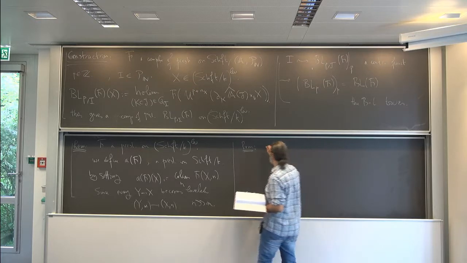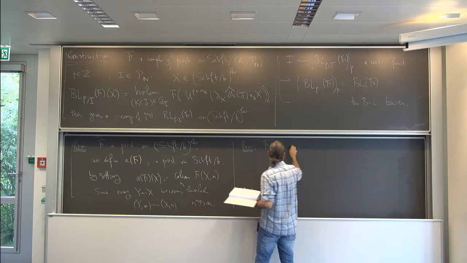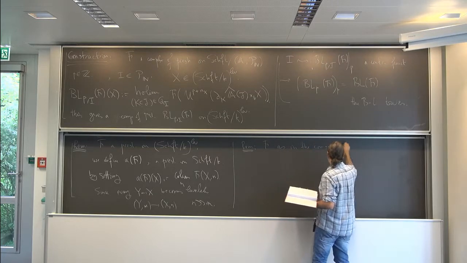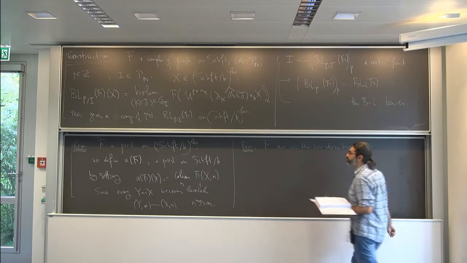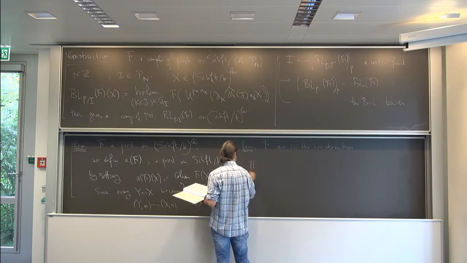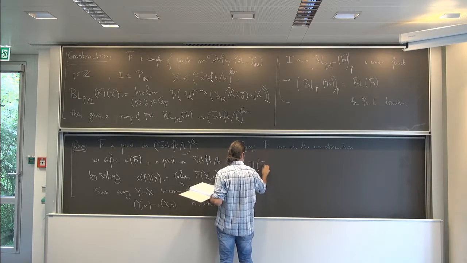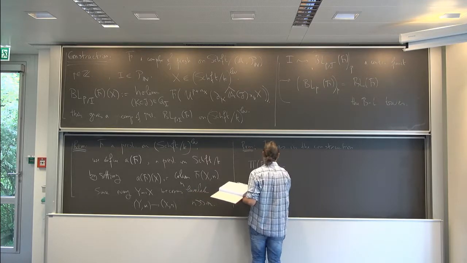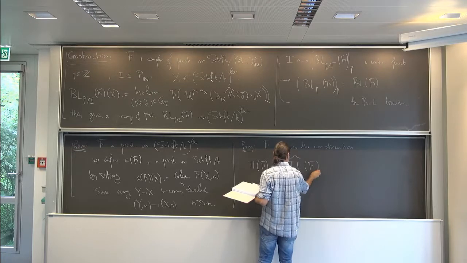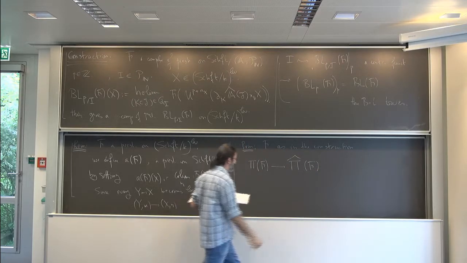So let F be as in the construction. There are natural maps, for instance, so let me write them. We've defined, in fact, three types of construction on F, and there are maps like this.